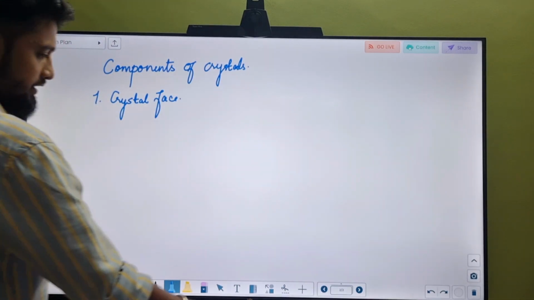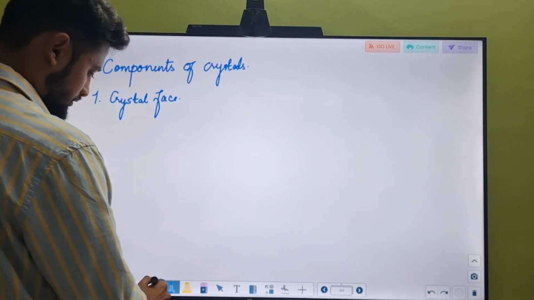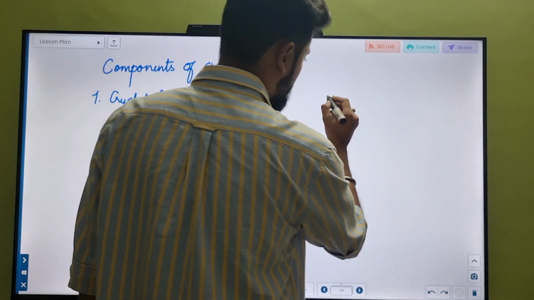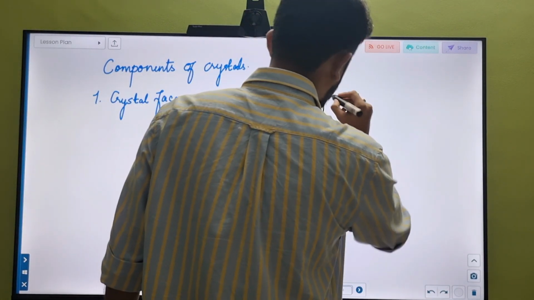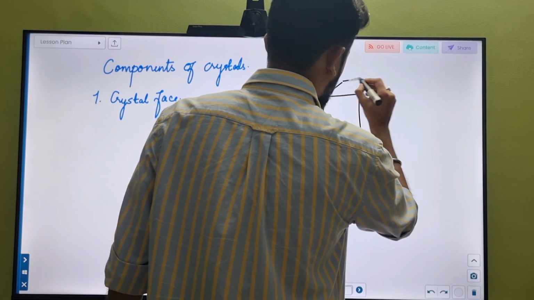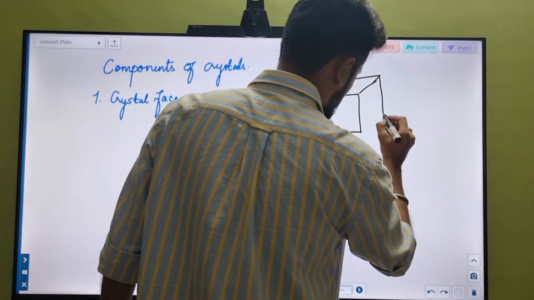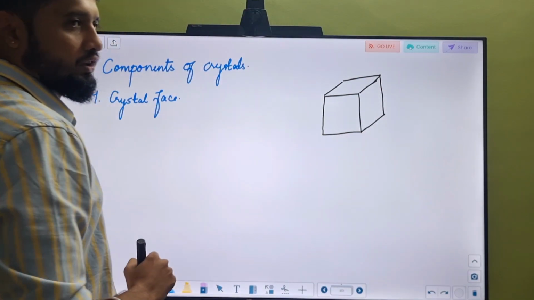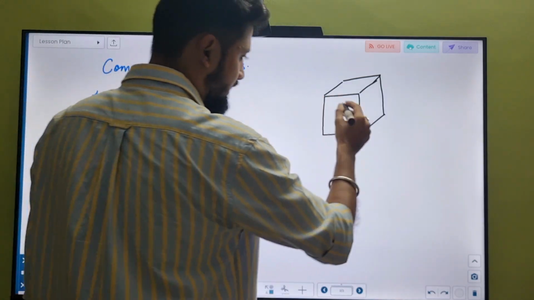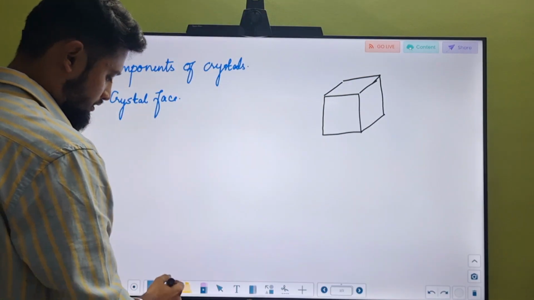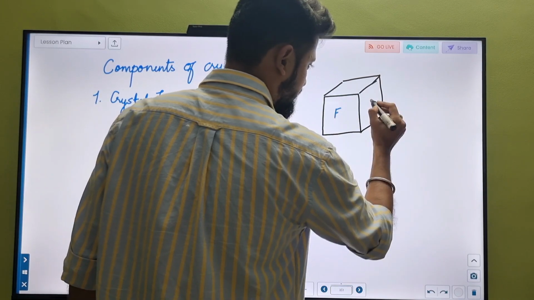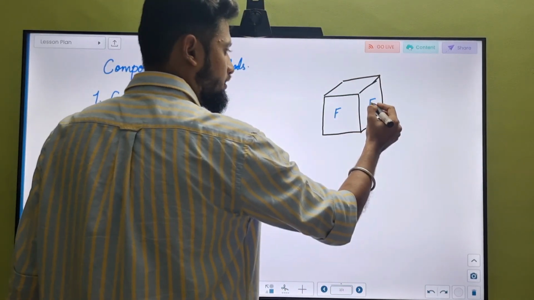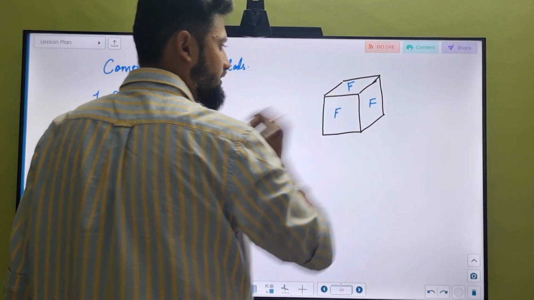Yes, so what is a crystal face? If I draw a cube, then this has faces. Yes, this is a well-defined face, this is a well-defined face, you have here a well-defined face.